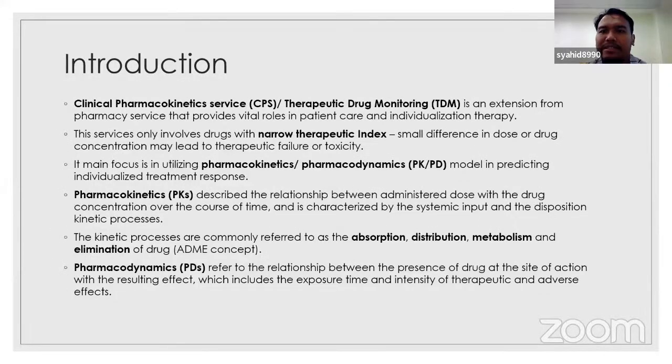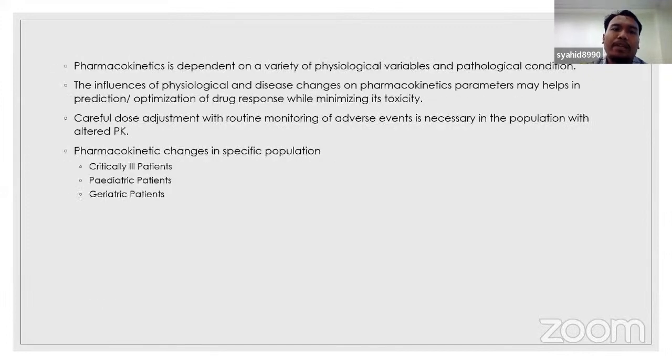Okay, so basically what we do in therapeutic monitoring, we focus on pharmacokinetics and pharmacodynamics models in predicting the treatment response. Pharmacokinetics depend on a variety of physiological variables and pathological conditions.